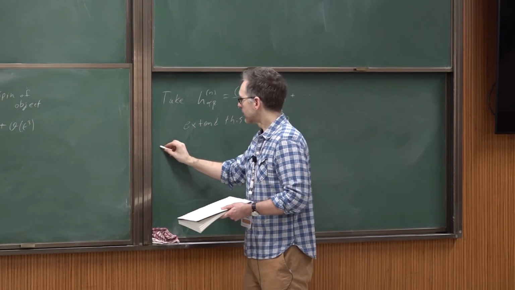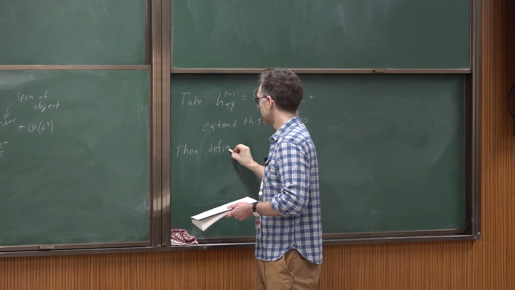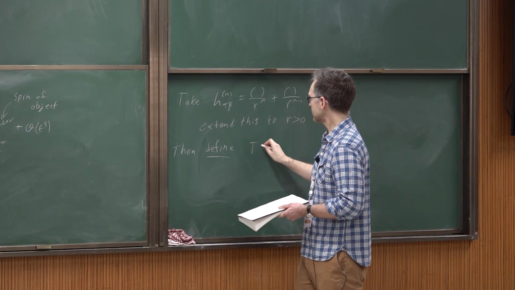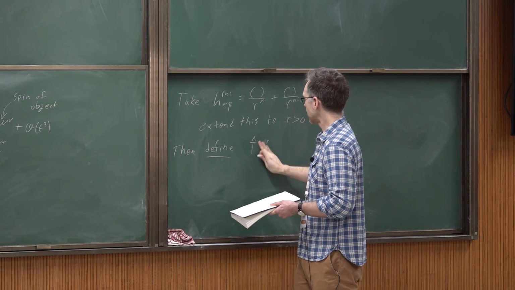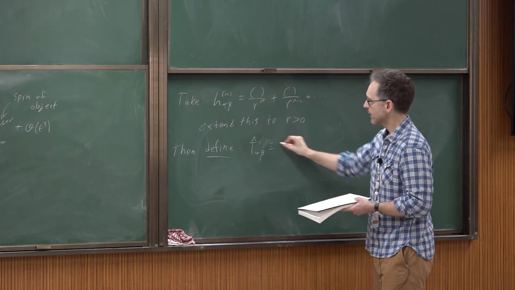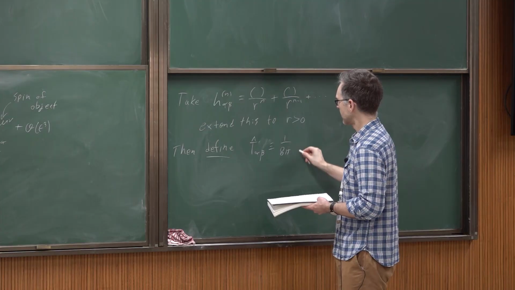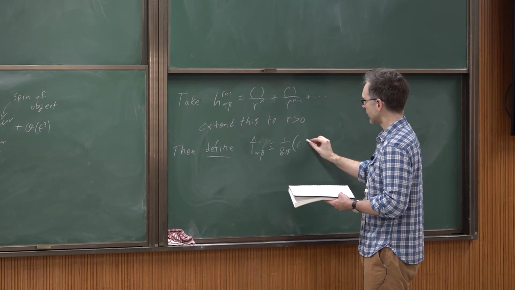Then we can define, and we're really going to take this as a definition, a stress energy tensor. We put a hat on it, T hat alpha beta. Let me keep the index down. We'll define this as 1 over 8 pi times the Einstein curvature.